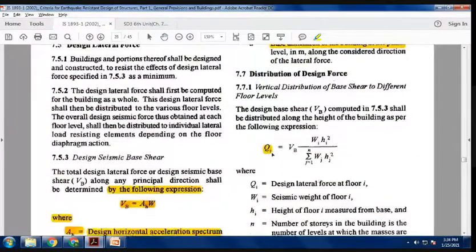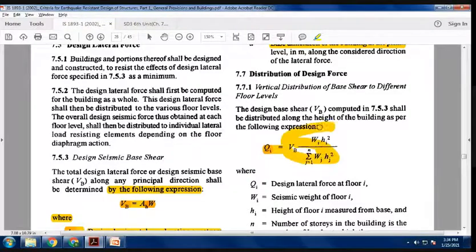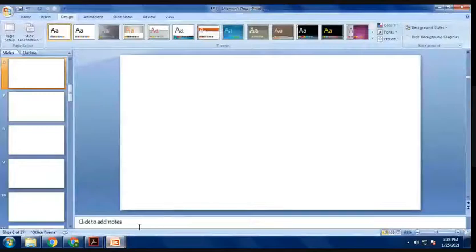Here you can see Qi, where i is the ith floor: VB into Wi Hi square divided by summation of Wi Hi square. It is directly available in the code book. If you don't remember the formula also, no problem. So how to determine the loads?